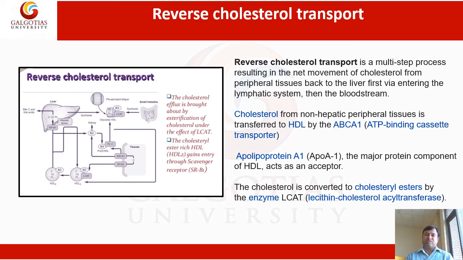Then HDL2 goes back to the liver, where it is received by the scavenger receptor SR-B1, and then the cholesterol is used to synthesize the bile salts. So this is reverse cholesterol transport.